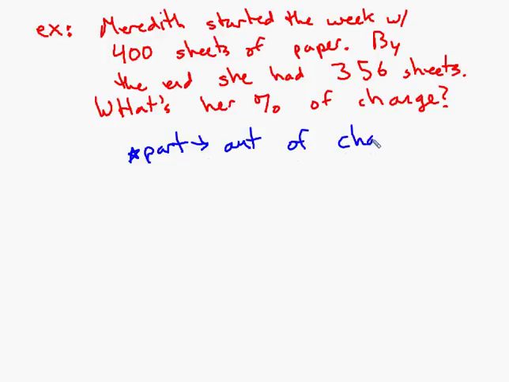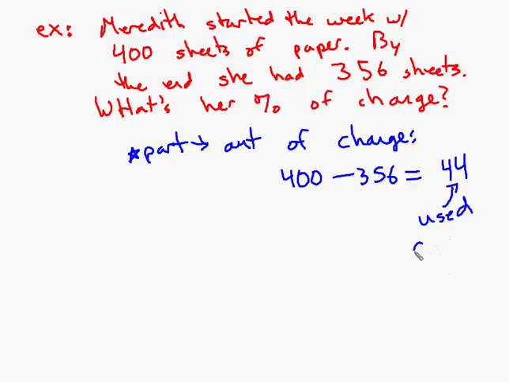So in this case, I need to figure that out. She had 400, she didn't use 356, she ended up with 356, so we subtract those, and we get 44. So she used 44 sheets of paper. That's the amount of change, which means that's the part.